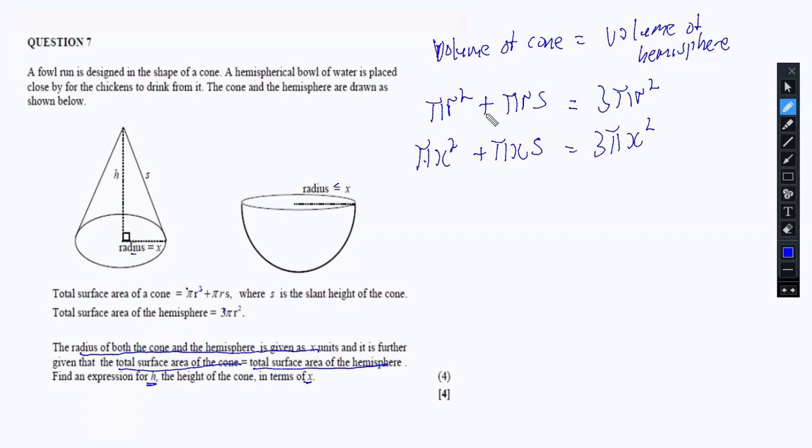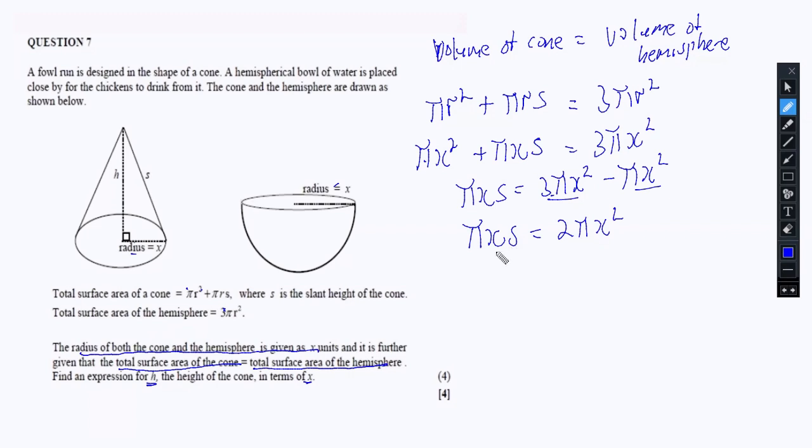Now that means I can take this and transpose it over there. And then this will be 3 pi x squared minus pi x squared, which these are like terms, so I can just say 3 minus 1. So this will be pi x s, and then this is 2 pi x squared.